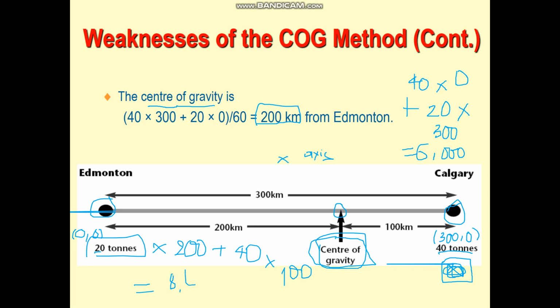That is more than 6,000. So all in all, if I locate the new facility here, it will be better.